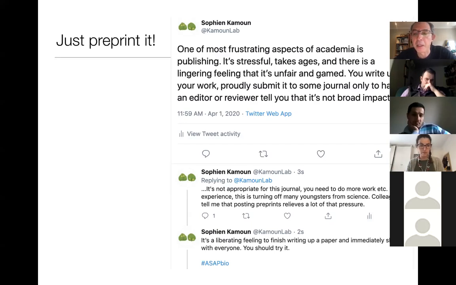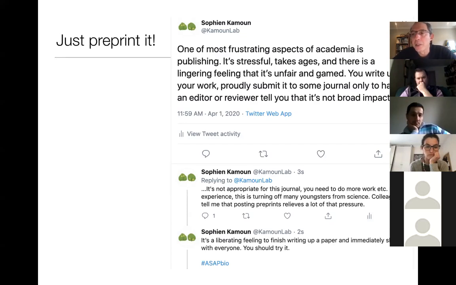It's really frustrating. And I understand from talking to many early career scientists that this is a big turnoff for an academic career. When you get through your first paper and you get hammered, you're like, do I want to go through my whole life, my whole career, going through this horrible process?